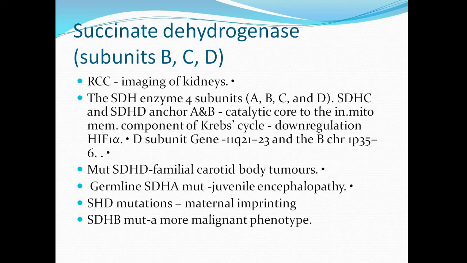And most of the SDHD mutations show maternal imprinting, so there is a potential risk from getting it from the paternal side. That should be kept in mind too. And if you have an SDHB mutation, it mostly suggests that the phenotype will be a malignant type. It will mostly suggest malignancy.